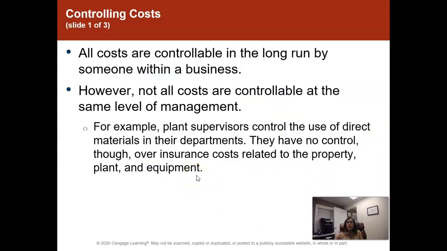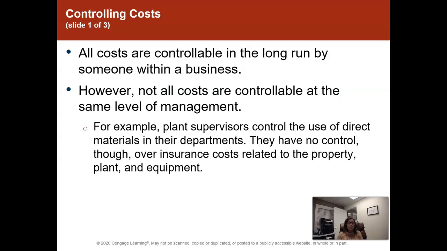Now, when we talk about controlling costs, there are different costs that will get controlled at different levels of management. And even the frontline person has control over costs. They may not necessarily recognize it, but if you're a frontline worker, unless you're being supervised really closely, you have some control over how much waste you have, how quickly you work.